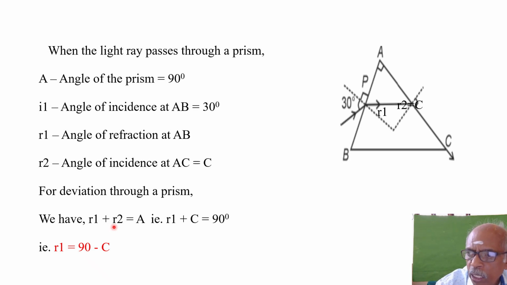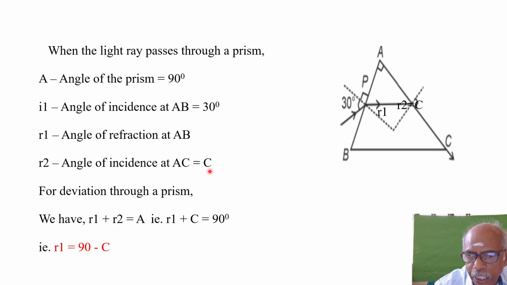Normally R refers to refraction, but in this case R2 is the angle of incidence for face AC, which is equal to C. So R1 plus R2 is equal to A, the angle of the prism. You should have read this formula when learning deviation through a triangular prism.